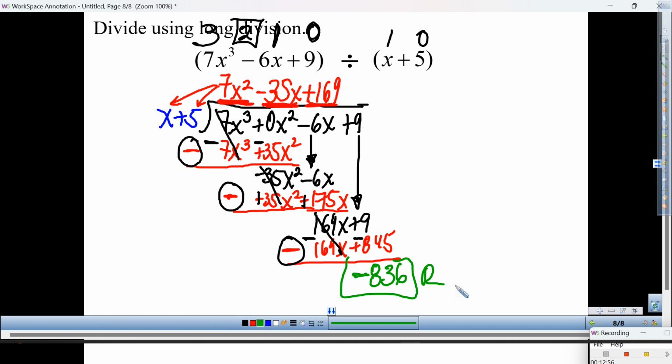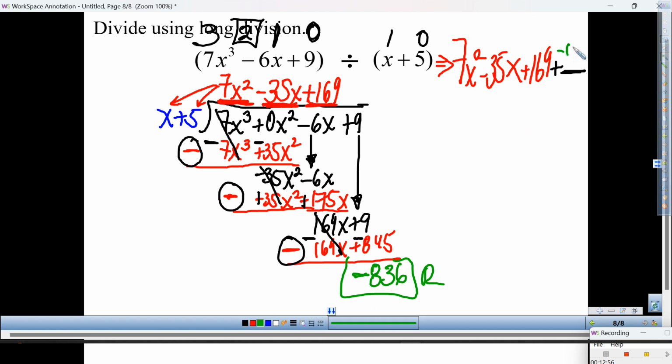Now, some of you did that, which is good. However, today, we're going to do this. Our answer for this is 7x squared minus 35x plus 169, but then check this out, plus fraction bar. Huh? Yeah. What do we write?